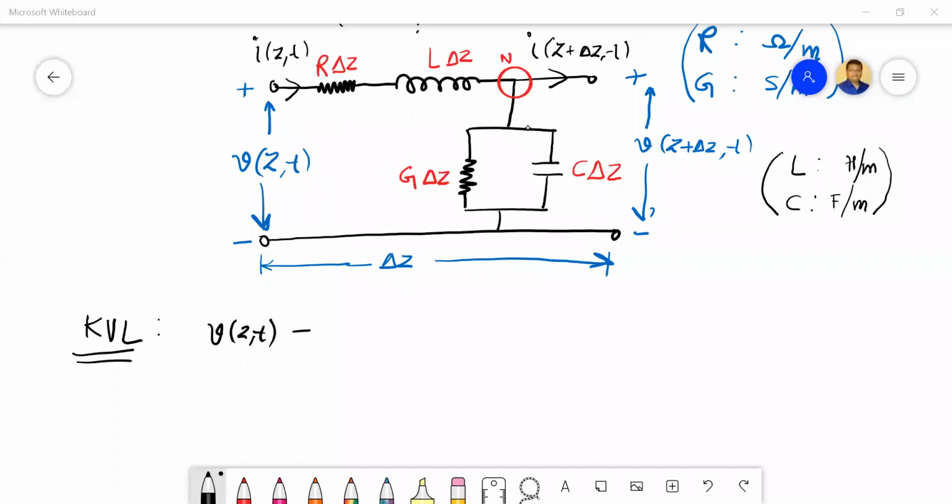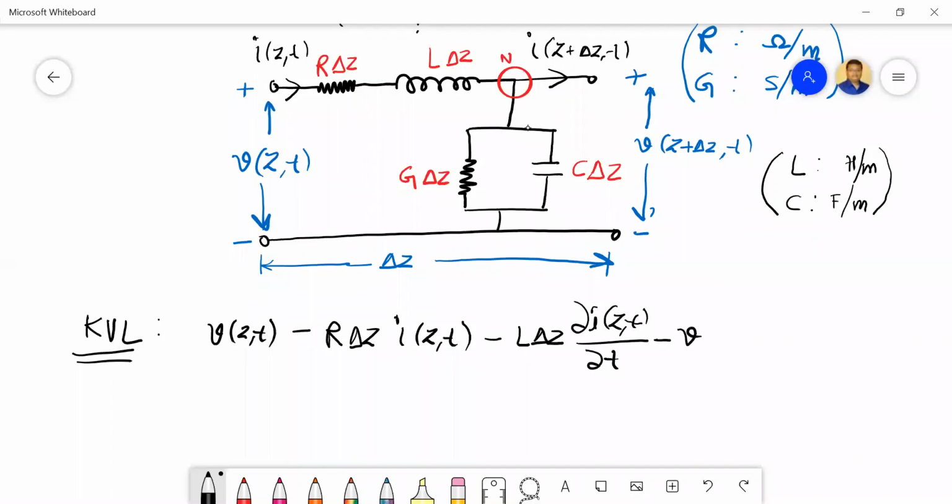So V of z comma t, this voltage, then the drop across here. So we can write R delta z and the current flowing across this, which is I of z comma t. Fine. Then minus L delta z dou I, which is a function of z comma t, divided by dou t, minus V of z plus delta z comma t is equal to 0.